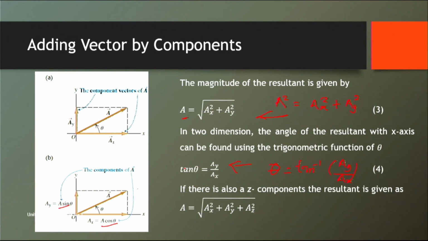Sometimes our dimension may involve a third component, which is our z component, and for that reason we include the z component here, and that's how we got this expression.